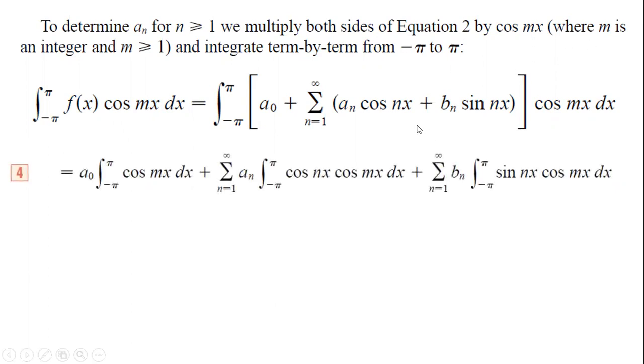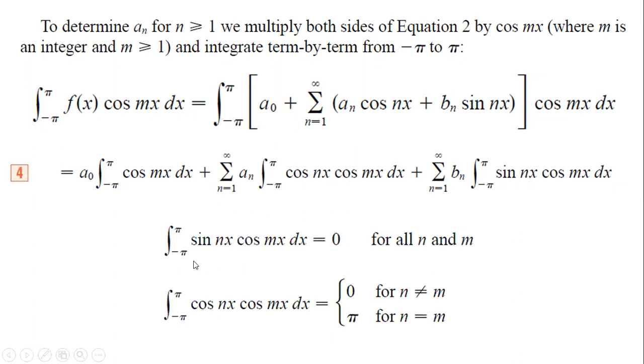So if we distribute cosine mx dx, this will give us this expression. If we evaluate this last term, this will give us a zero value for all n and m. And if we evaluate this cosine nx cosine mx dx, this gives us two possible values, it's either 0 or pi. So 0 for n not equal to m, and pi for n equal to m.